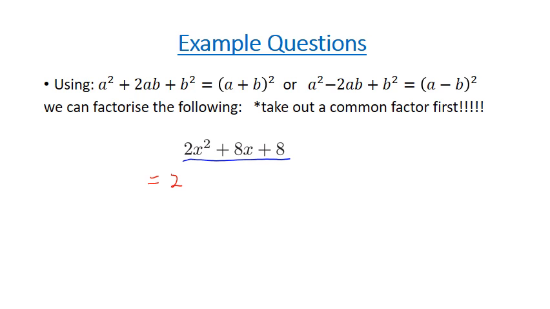So I can rewrite this as 2 bracket x squared plus 4x plus 4. Again, now it's very simple to work out. I've got my middle term, which is a positive. I'm going to rewrite this as 2 with my brackets, to the power of 2. I've got a positive in the middle because my middle term is a positive. I then square root my first term, which gives me an x, and square root my last term, which gives me a 2.